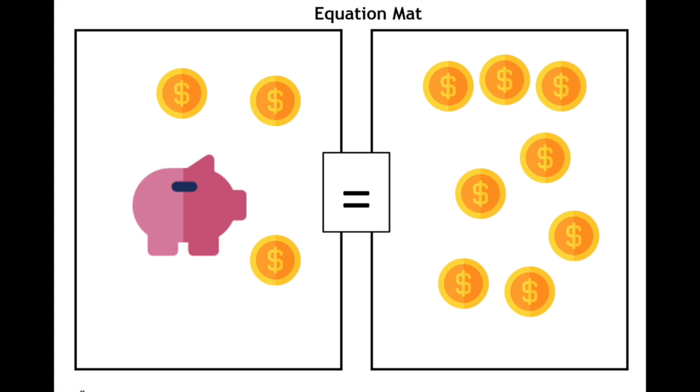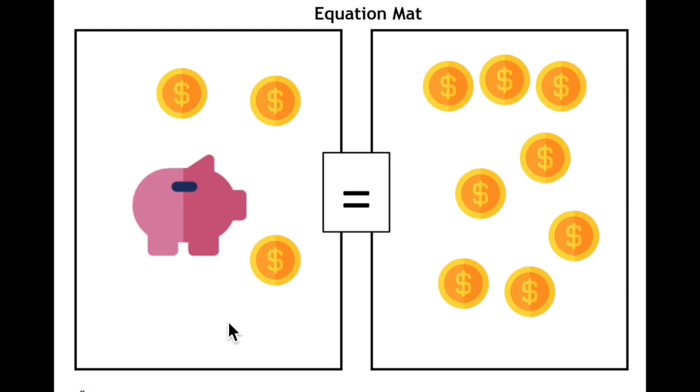This situation is just a little bit different, but the idea is still the same. I have to have the same number of coins in this rectangle on this side of the equal sign as there are on this side of the equal sign in this rectangle. So how can we figure that out?